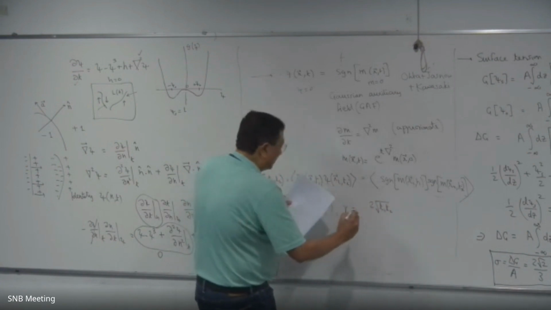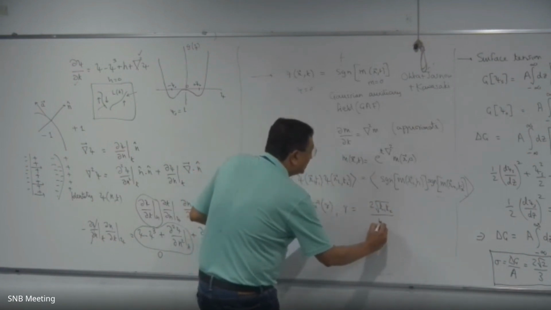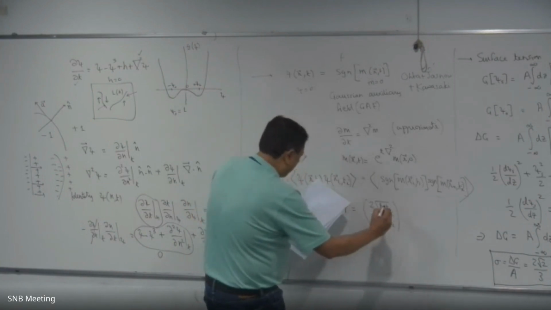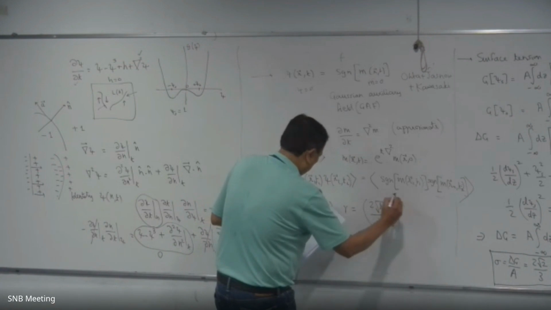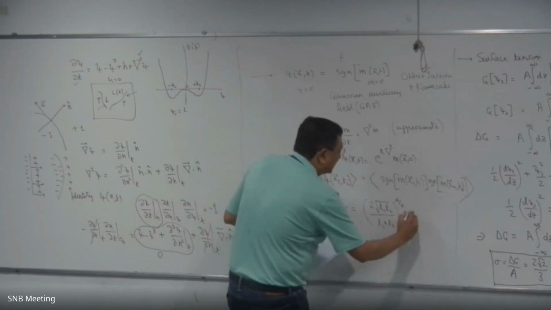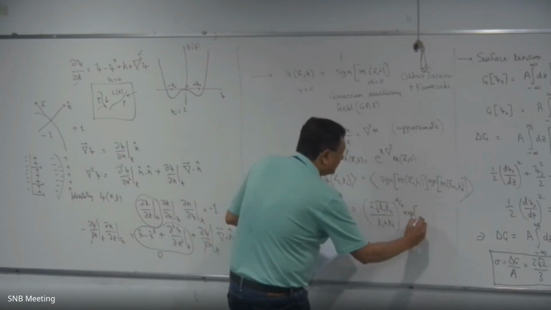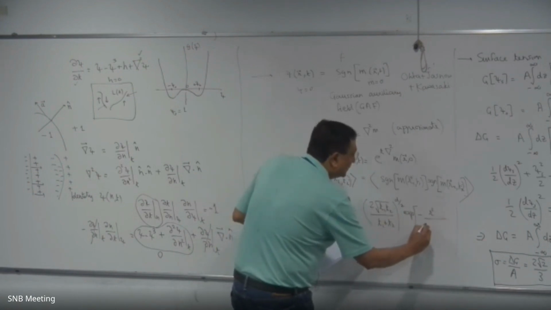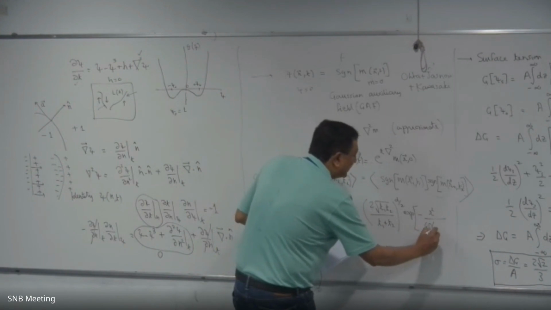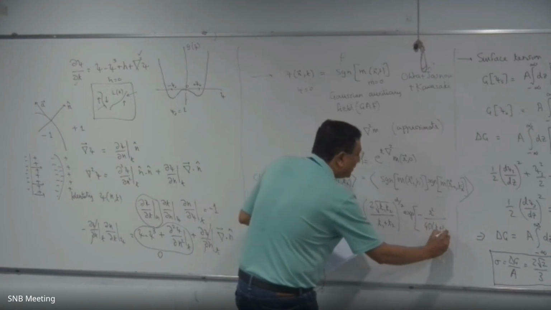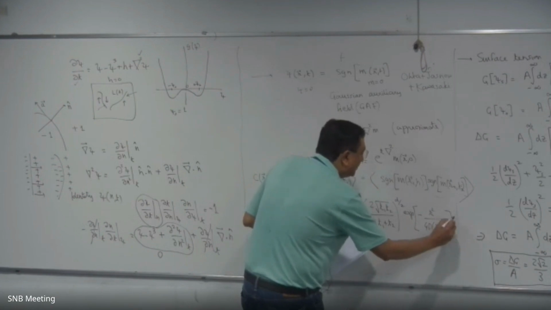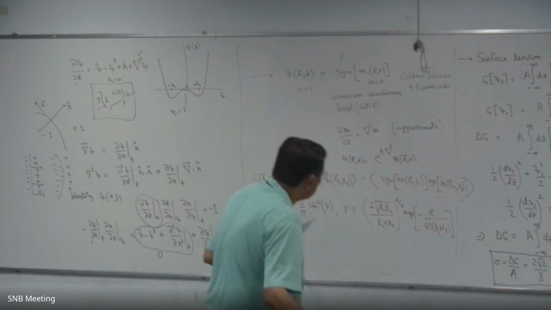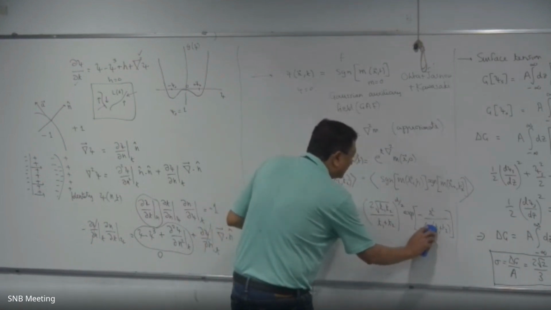It's (2 sqrt(T1 T2) over (T1 plus T2)) raised to the power d over 2, times exponential of minus r squared over 4D(T1 plus T2), where D is the diffusion constant. In my calculation, the diffusion constant is unity, so let me just remove it from here also.